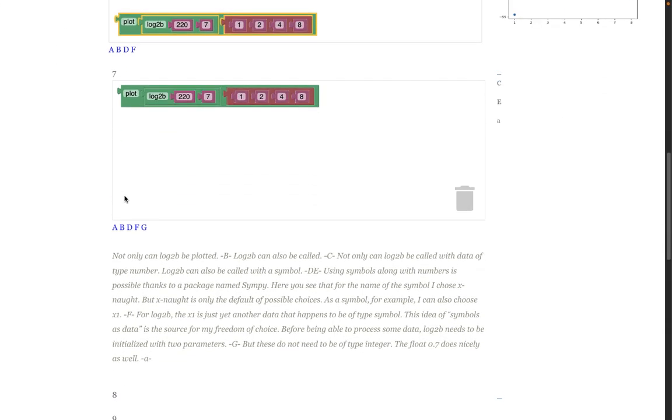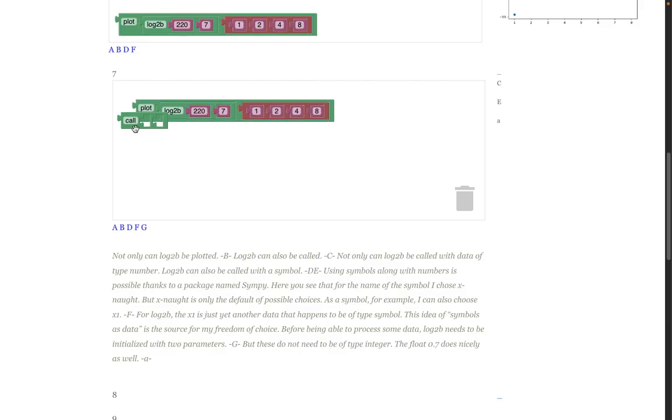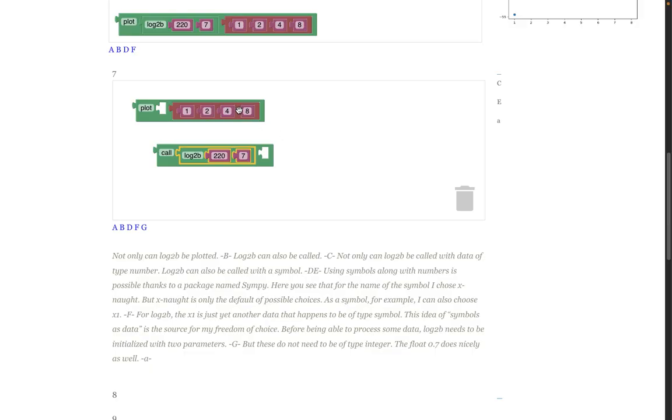Not only can log2b be plotted, log2b can also be called. Not only can log2b be called with data of type number, log2b can also be called with a symbol. Using symbols along with numbers is possible thanks to a package named sympy.